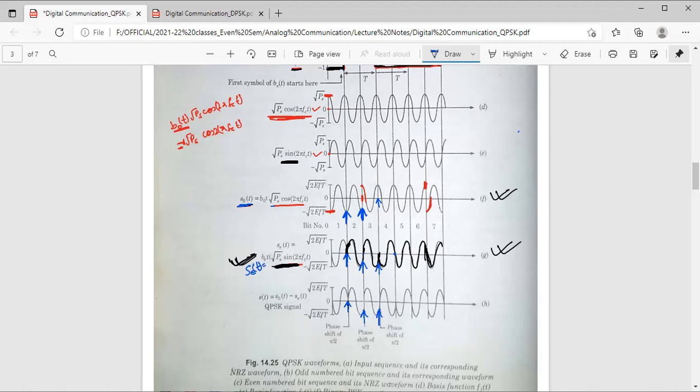So based upon the values, there is a changing phase of π/2 at each level. At each and every point you can see that there is a change in phase.